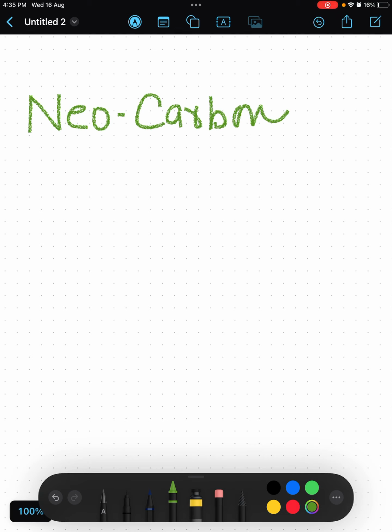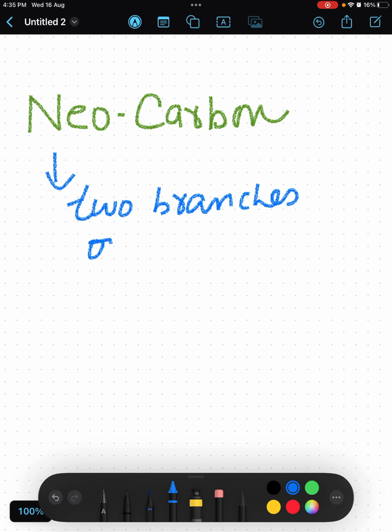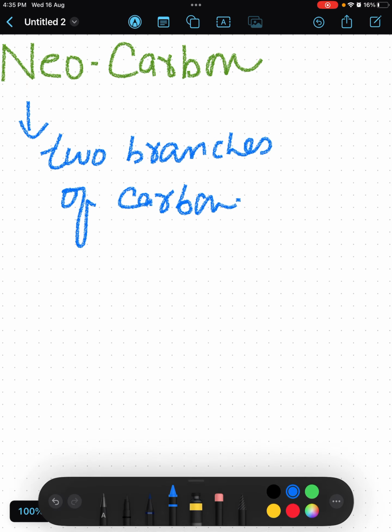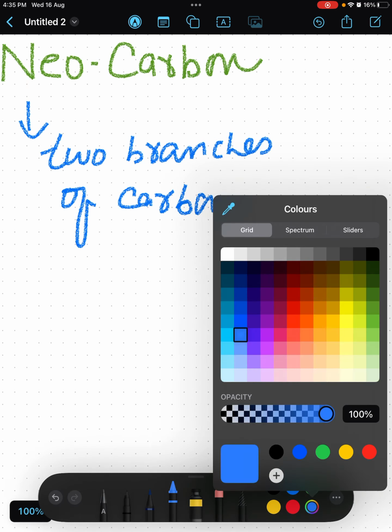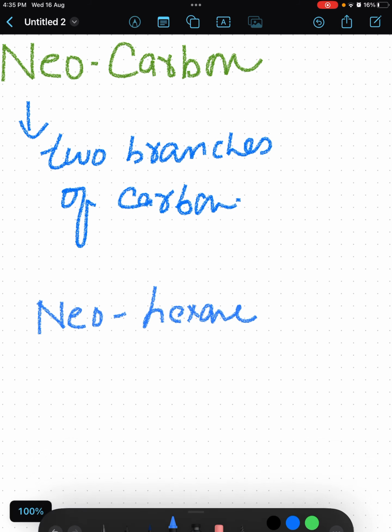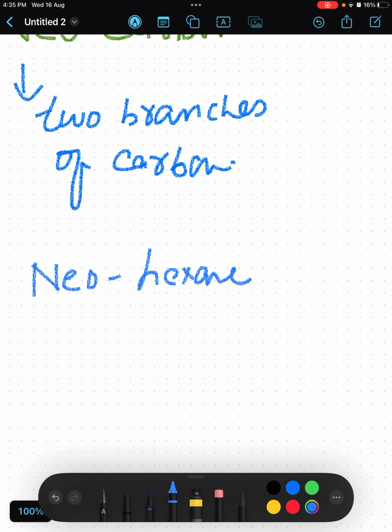Neocarbon, right? The word neo means 2 branches of carbon. Now consider if I ask you to make neohexane. How will you make it?